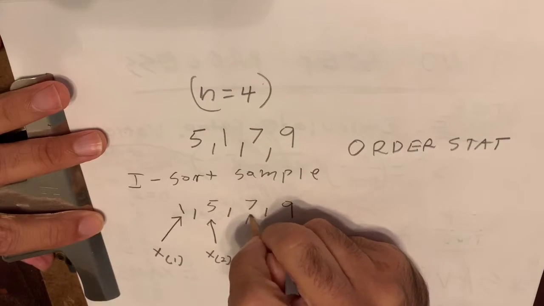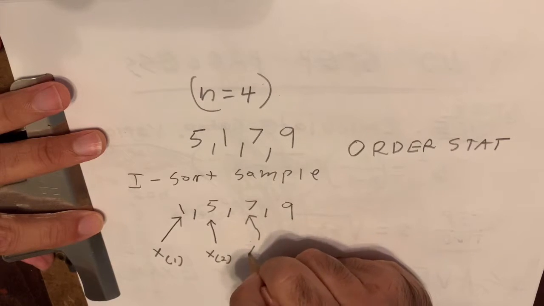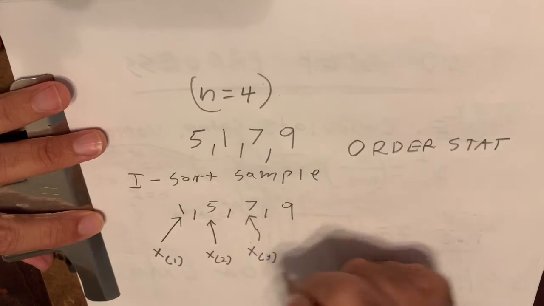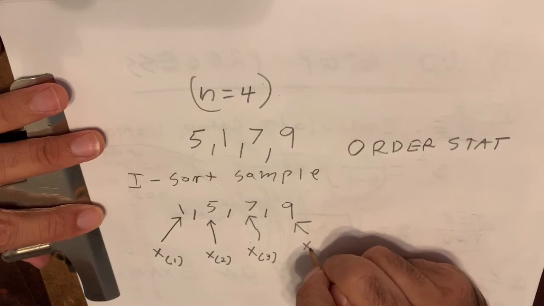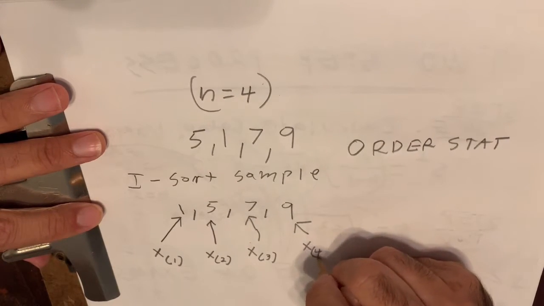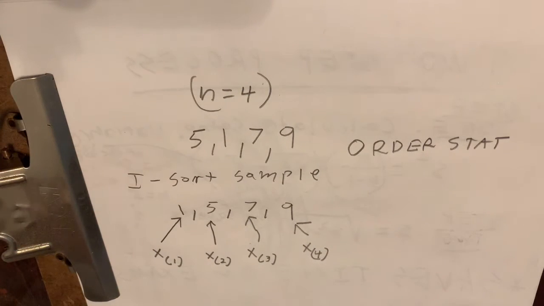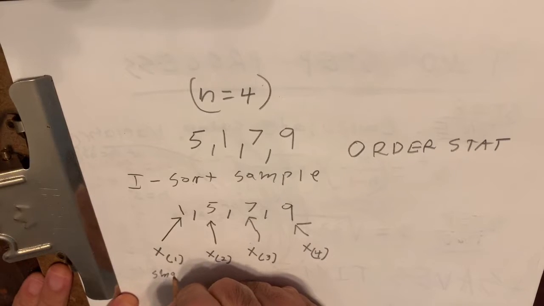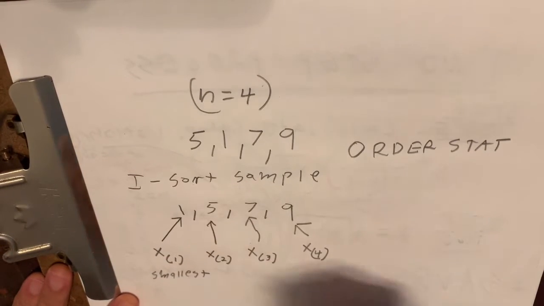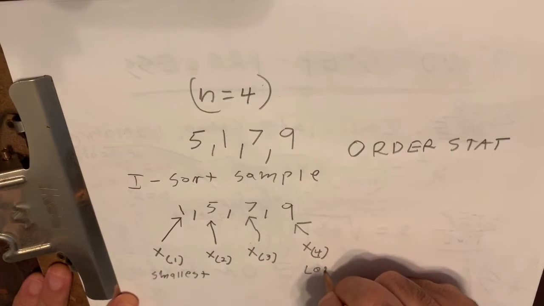This would be x sub parenthesis 3. And this we could either call x sub parenthesis 4 or x sub parenthesis n. Either one of those would do. We have 4 order statistics. This is the smallest observation, and this is the largest observation.